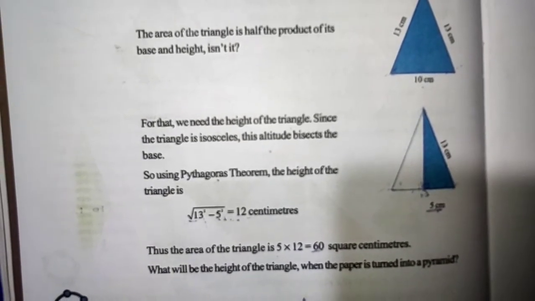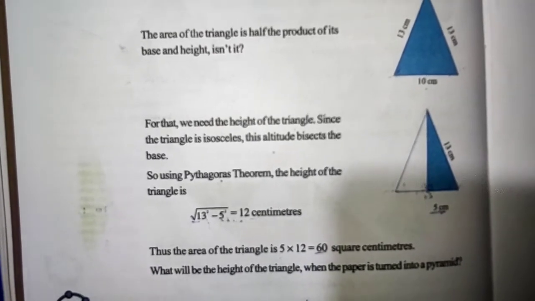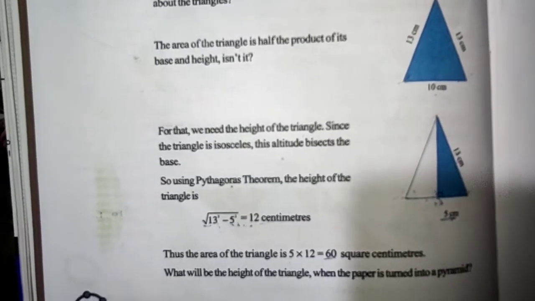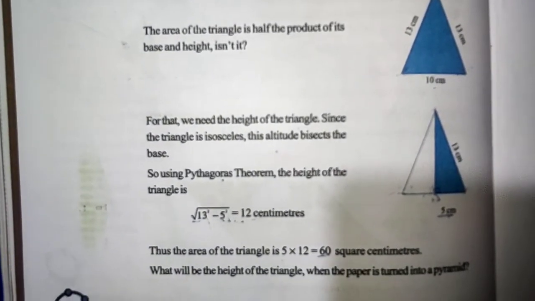So the total surface area of that pyramid is 100 plus 240, that is equal to 340 square centimeters.